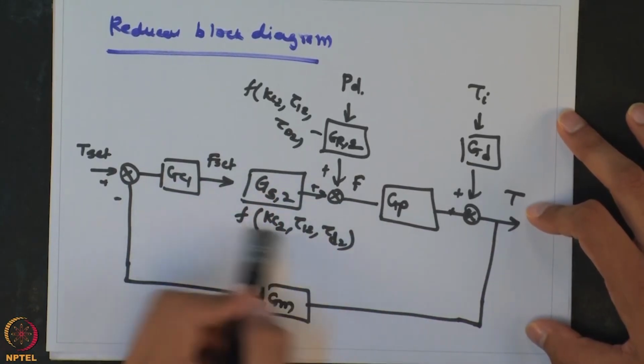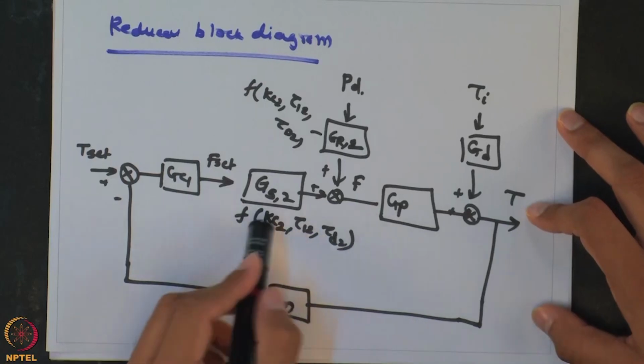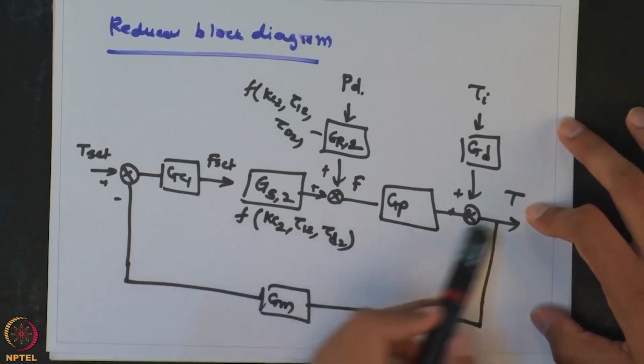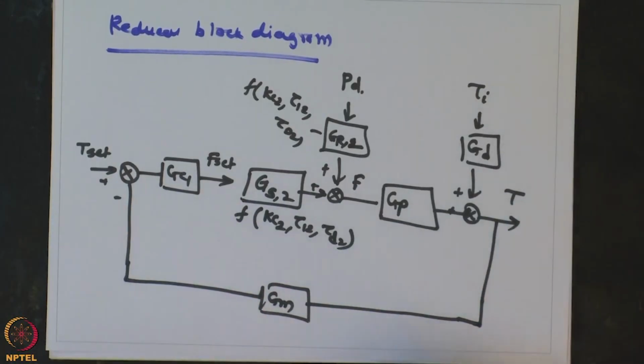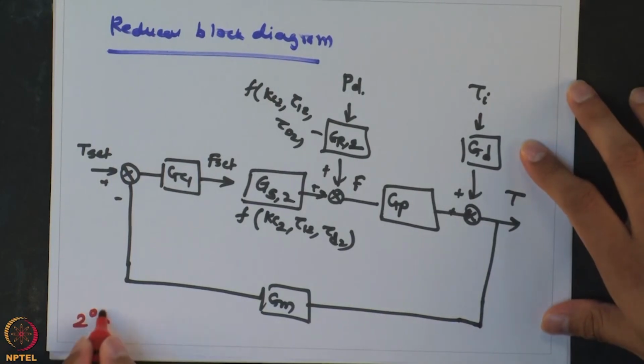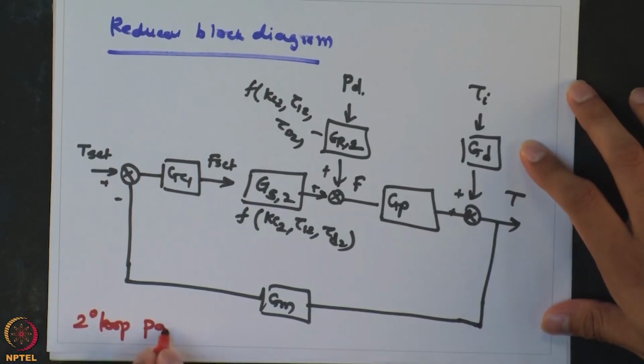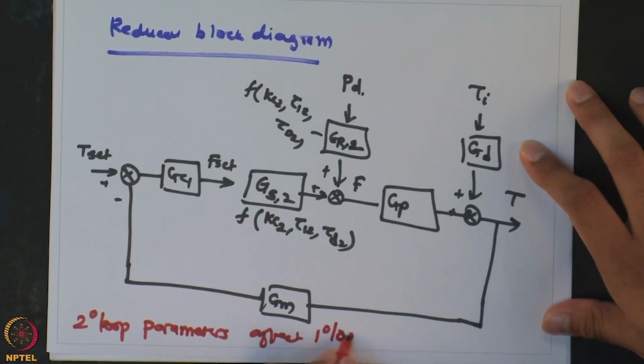So the way my secondary controller is tuned, those parameter values will decide the stability as well as the performance of this primary control loop. So the conclusion here is that secondary loop parameters affect the primary loop performance.